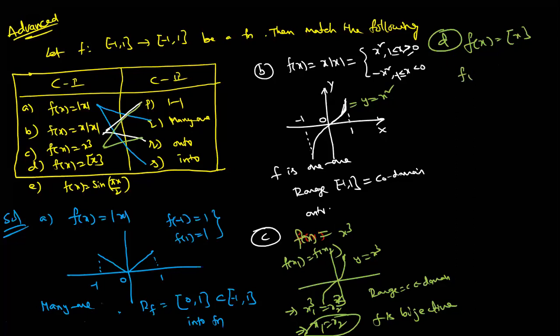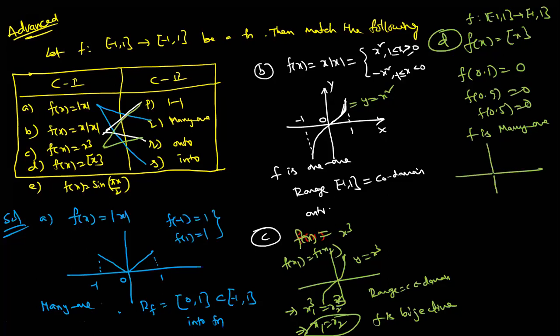Dear students, tell me, what is the domain? f maps [-1, 1] to [-1, 1]. Take 0.1, what is the output? Take 0.9, what is the output? Take 0.5, what is the output? And what is the case? That's all. But the graph is easy, that's what I'm saying. This is the graph.